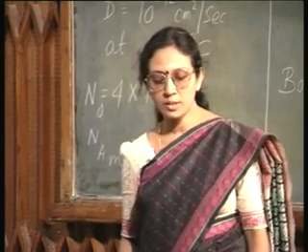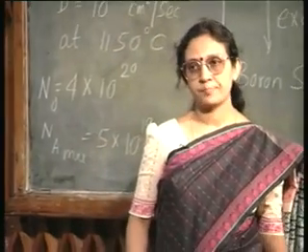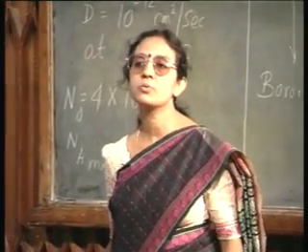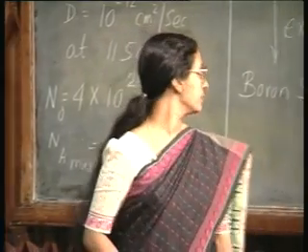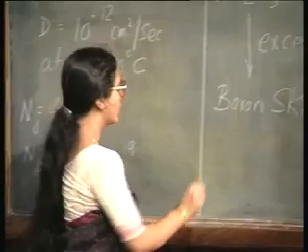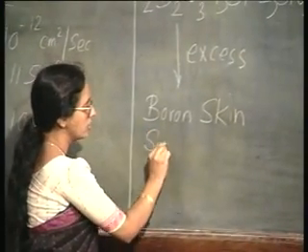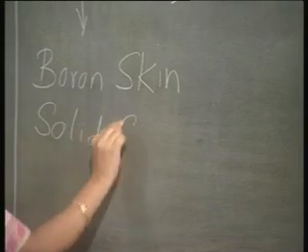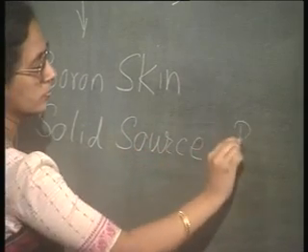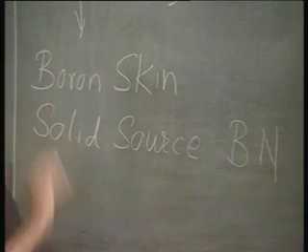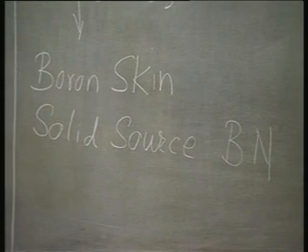Okay. So, what is preferred for boron is the use of a solid source called boron nitride. So, actually what is done is one uses a boron nitride wafer.